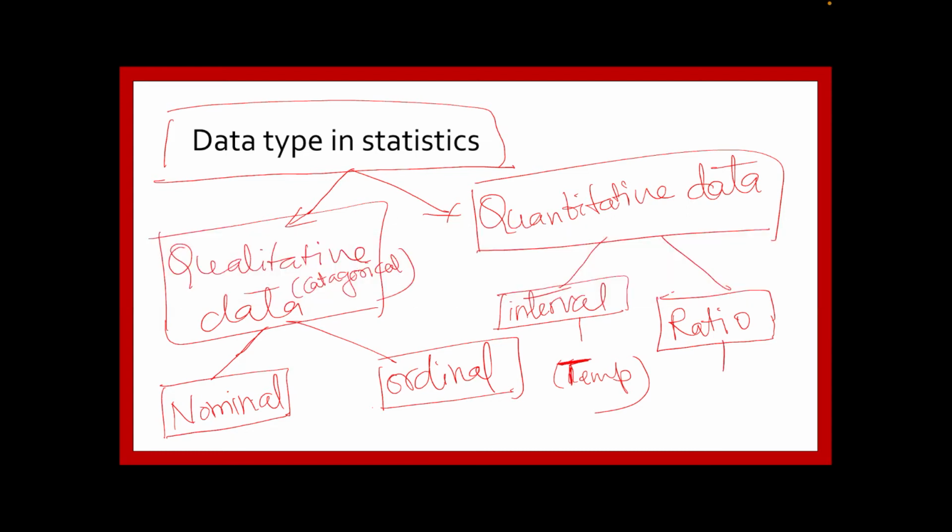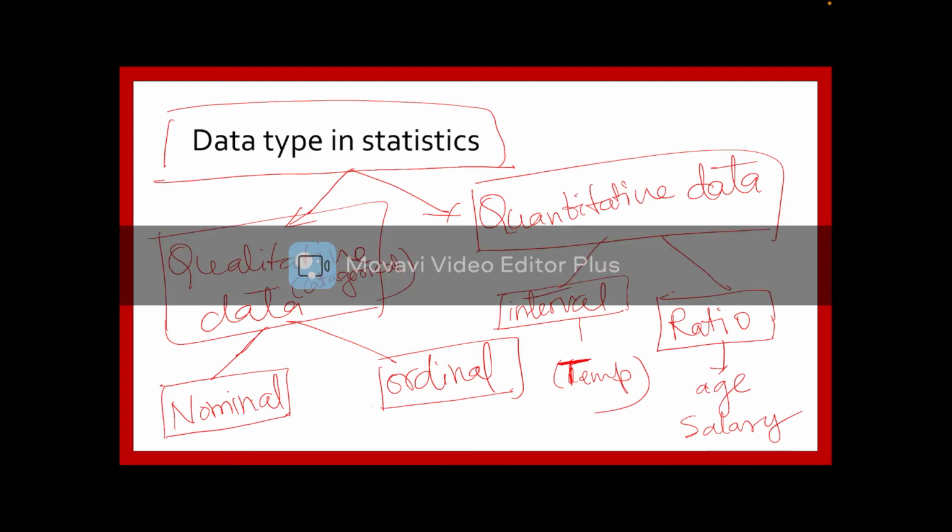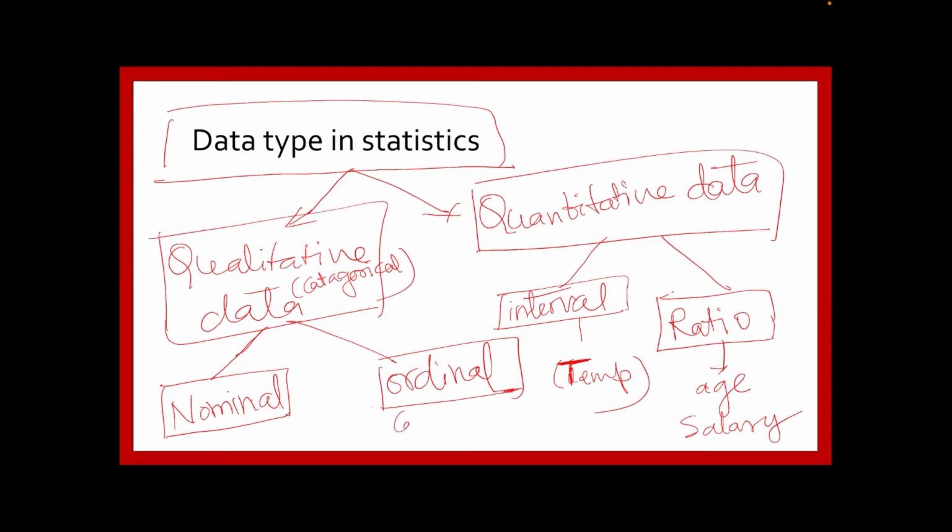But ratio data could be age, salary, from the previous example I'm saying. In ordinal data there is some kind of order. There are categories with some order, like first, second, third.